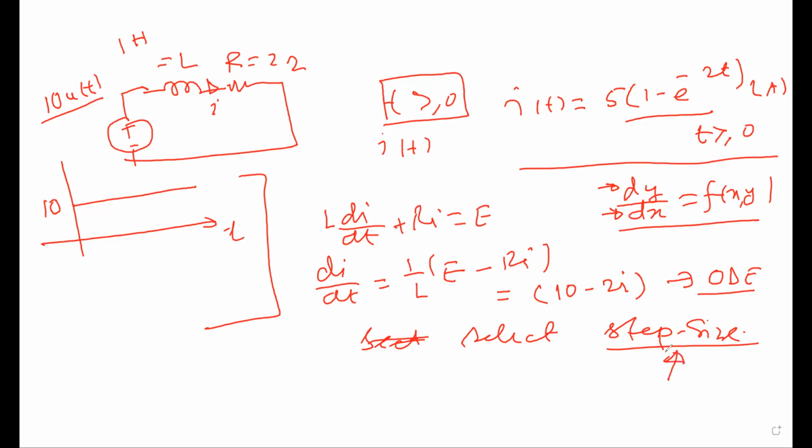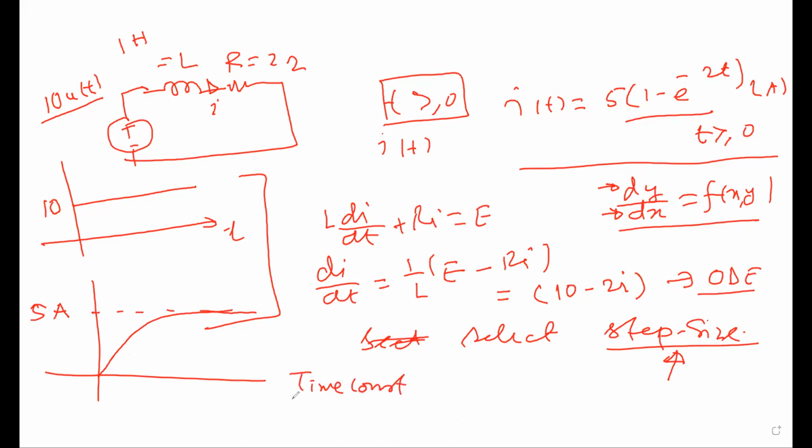In this case, we know the behavior of this inductor current. If you plot our analytical solution, we will see that this solution will take this shape. The steady state value will be equal to 5 ampere, isn't it? And we know a characteristic time, we call it the time constant.